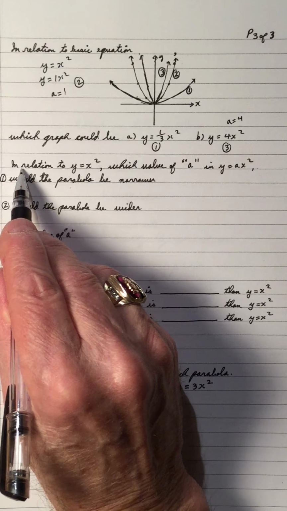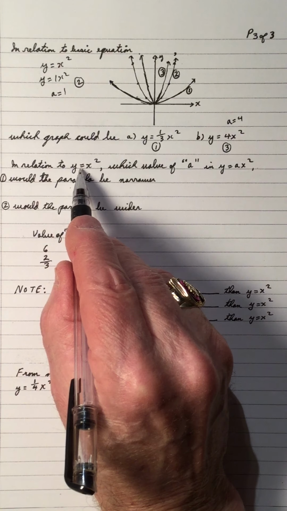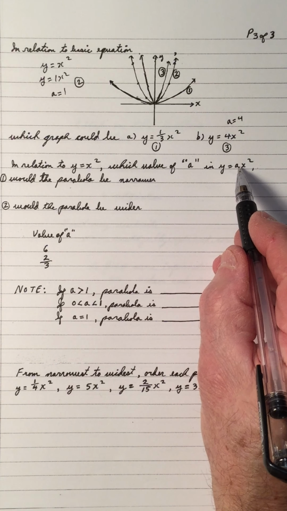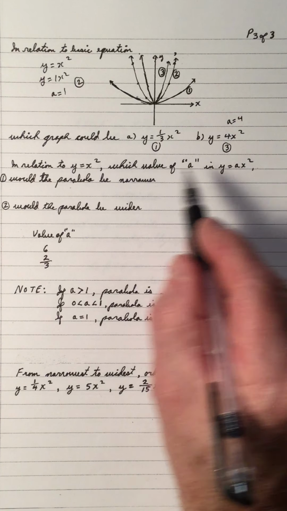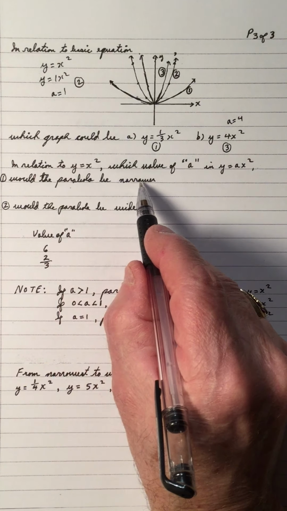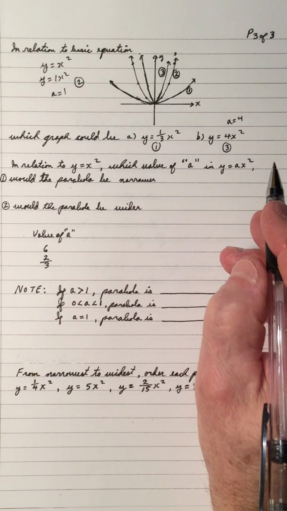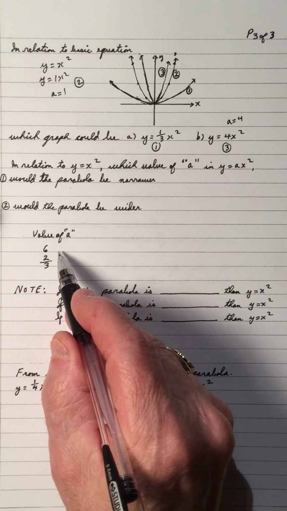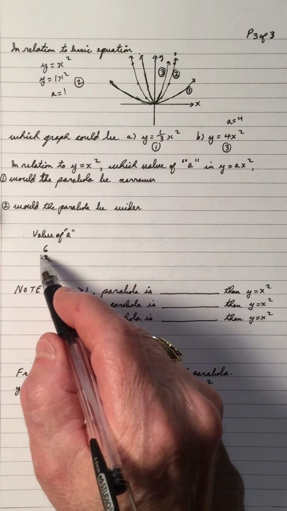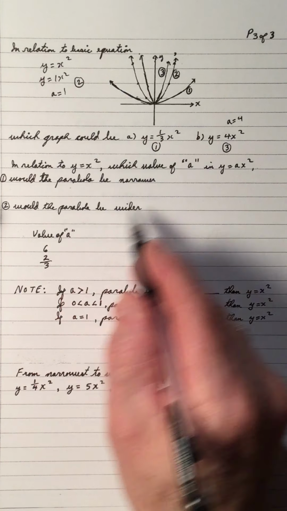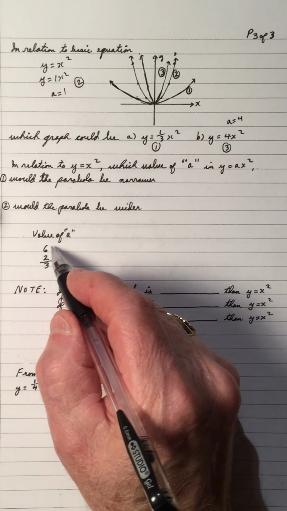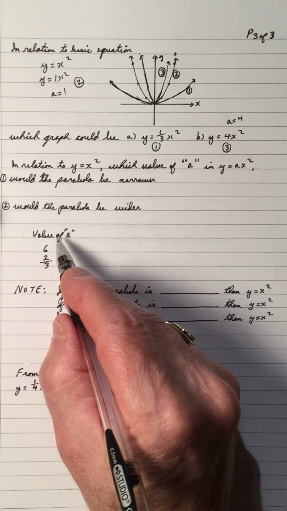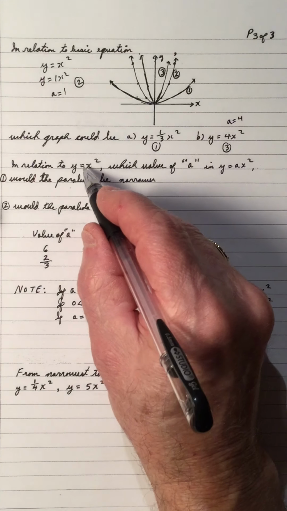Let's do more explanation. In relation to y equals x squared, which value of A in this equation, y equals ax squared, would the parabola be narrower? So we're looking at the value of A. Now let's go down and pick up the value of A, which is down here. Which one would be narrower than the basic equation?